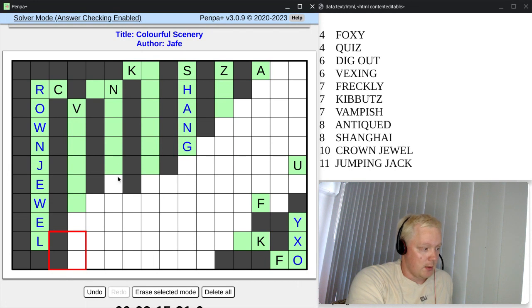Can it be this word, which is vexing or antiqued? Now antiqued is 8 letters. We have 6, so it could take this cell and this cell, but obviously very far from reaching here. Shanghai, we need 3 more letters, and it doesn't require any counting to see that that's way too little to reach here. Quiz, or it could have been kibbutz, actually, this one.